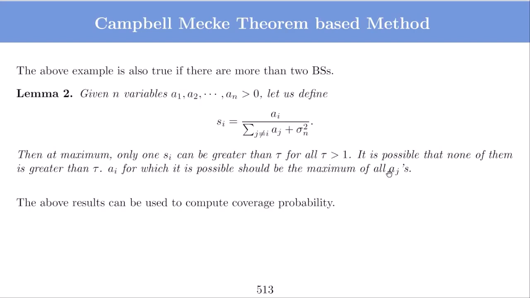Okay, and it is possible that none of them is more than tau, but if there is one, then there can only be a maximum of one i for which this is more than 1. Okay. And certainly you can also show that the ai for which it is possible should be the maximum of all the ai, right? Of course, it is more intuitive that if this is ever more than 1, then you should basically choose the maximum ai on the top so that it will not appear in the denominator.